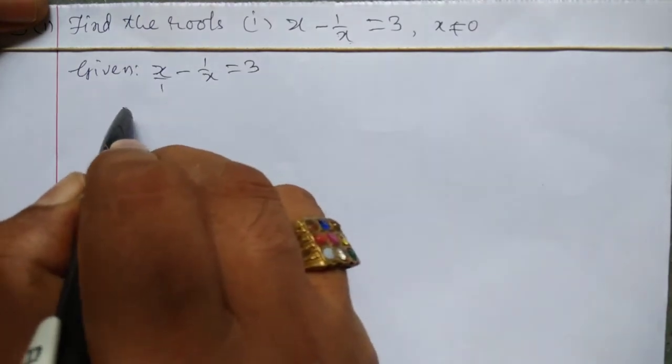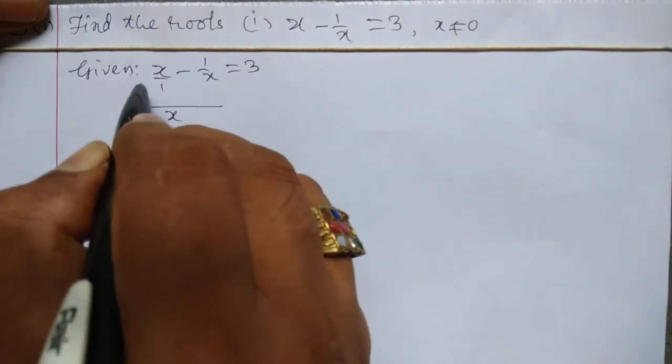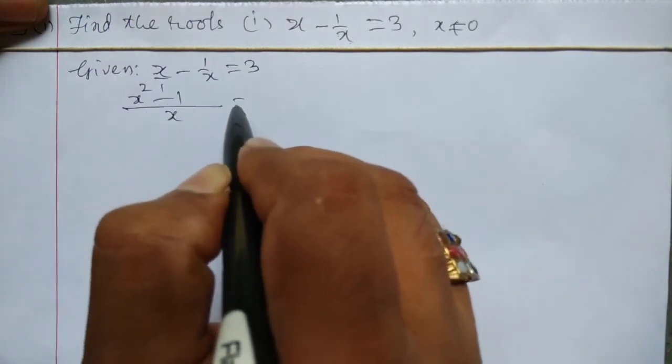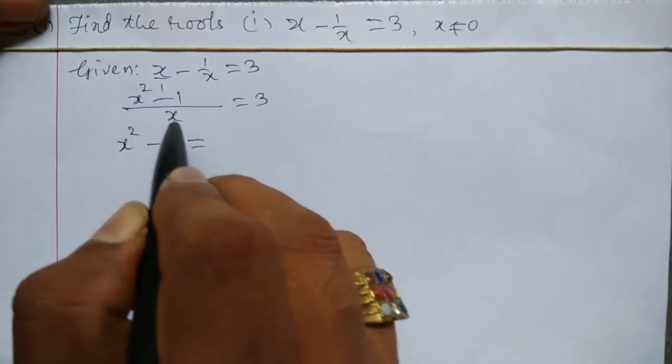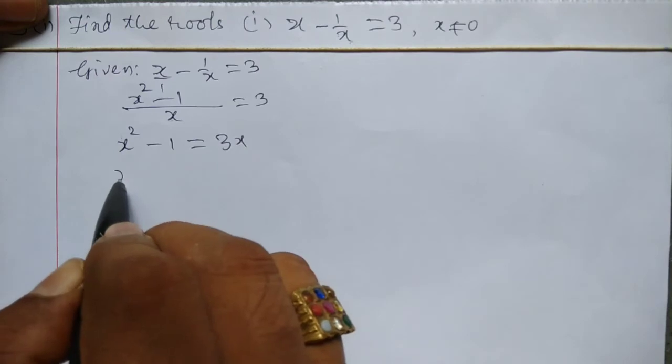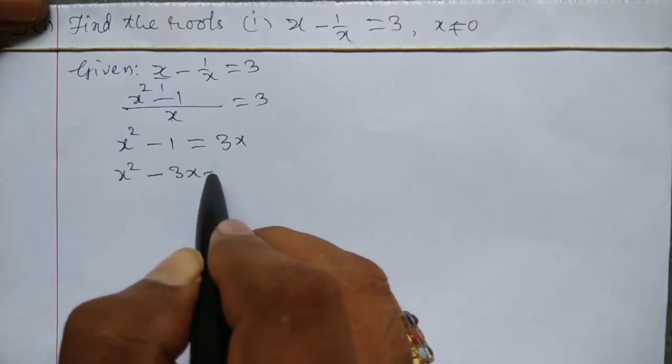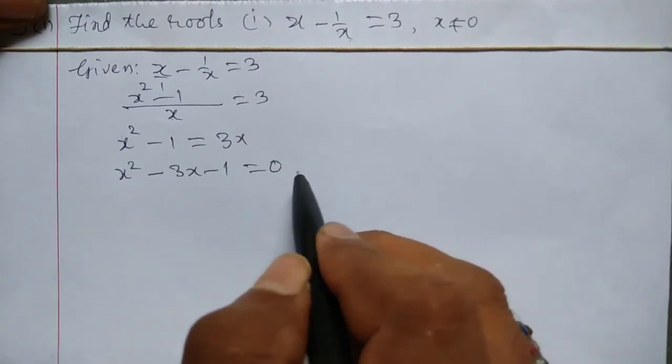So here, LCM: x square minus 1 is equal to 3x. So x square minus 3x minus 1 is equal to 0.